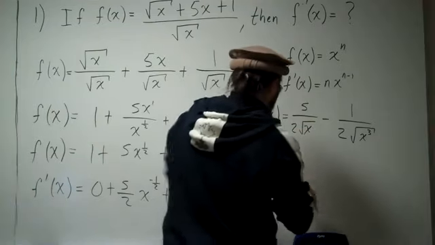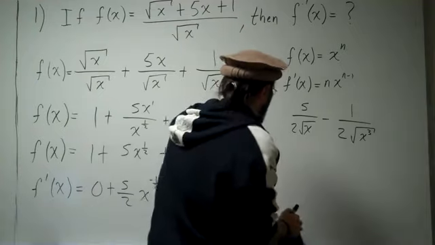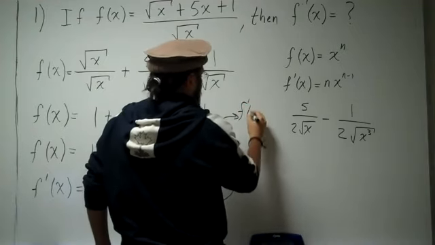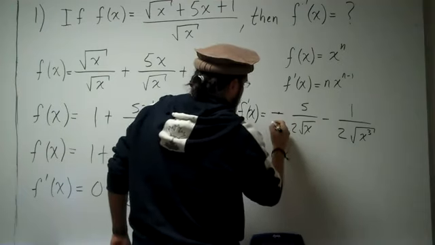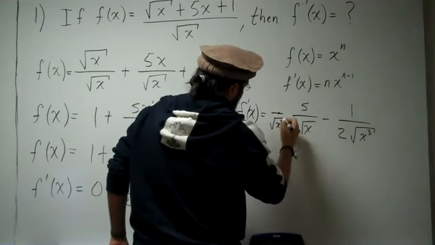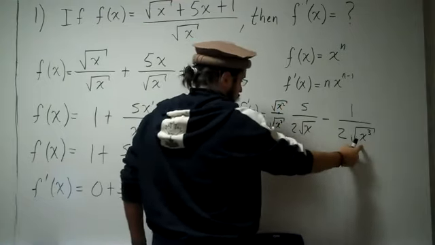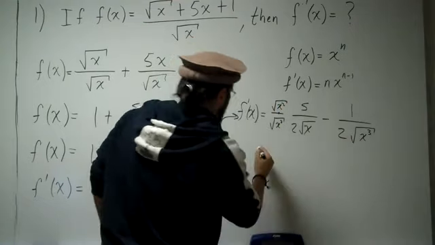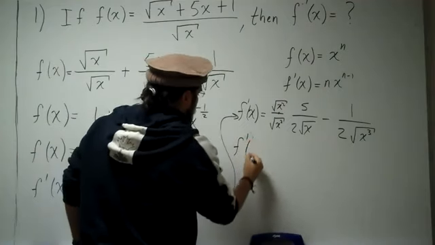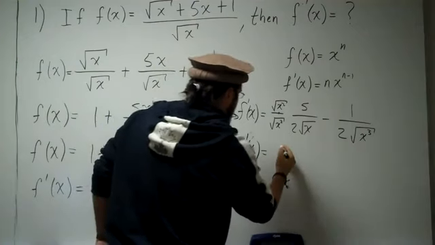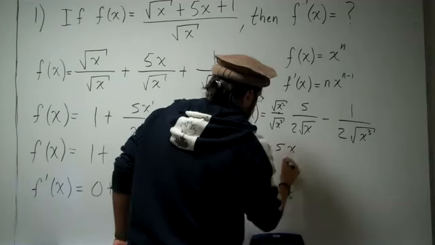Let's erase this and get some space here. I have to multiply this one by square root of x squared over square root of x squared, so I can get square root of x cubed like I have here. So now I have 5. Square root of x squared is just x.